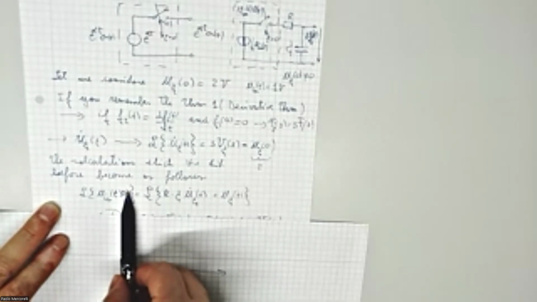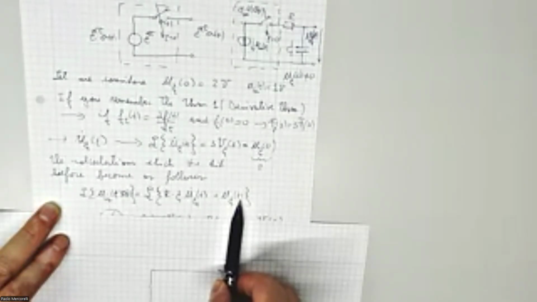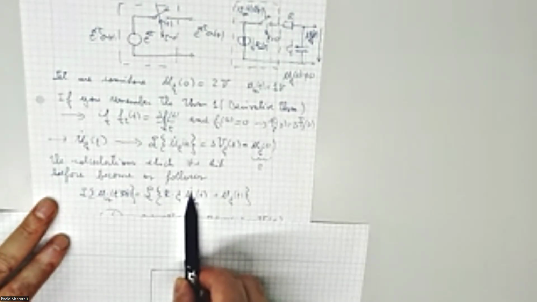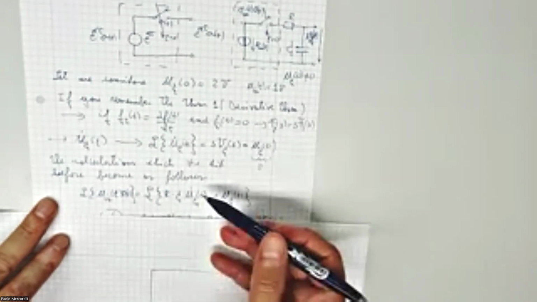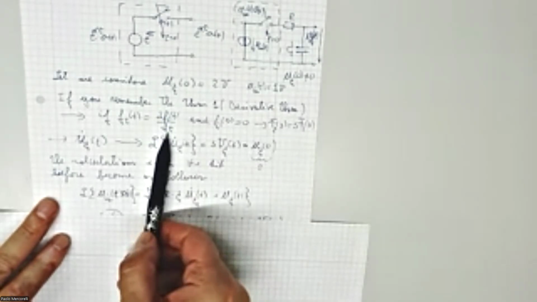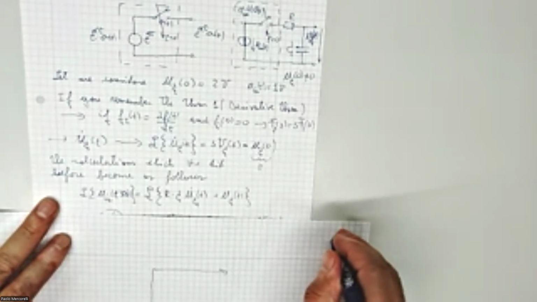This voltage here equals this balance, Kirchhoff. We have seen it, I don't need to explain this. This is the derivative. The dot is the derivative. Sometimes in some books you find an apostrophe, sometimes, as here, d over dt. I use all possible notations.